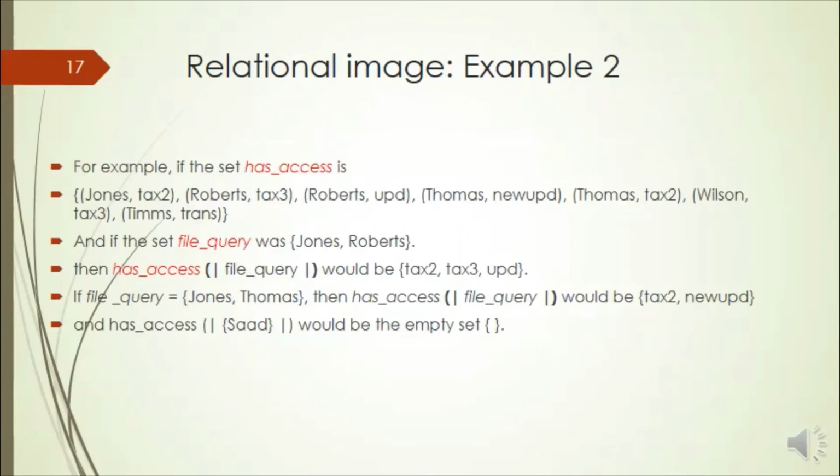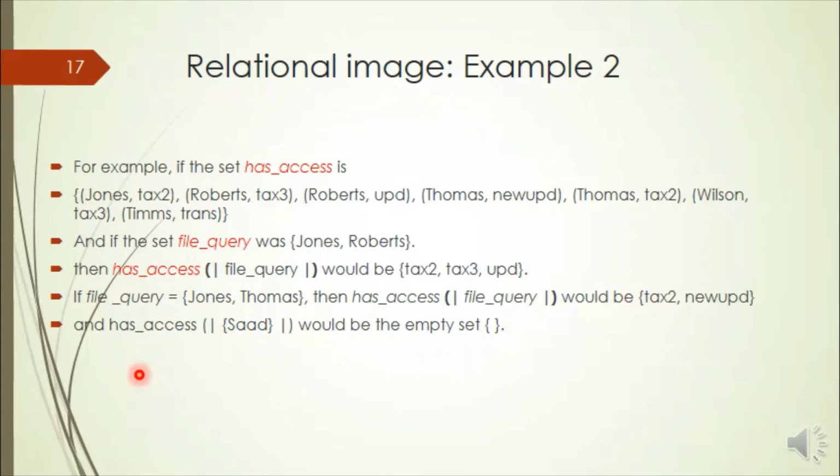Students, we have already discussed that a relation variable can model a table in a database, and in the relational image the second argument, which is a set, is actually a query for its first argument, which is a relation or table.